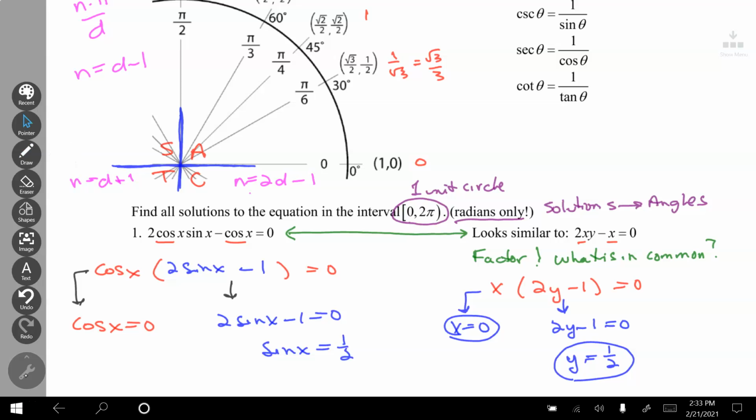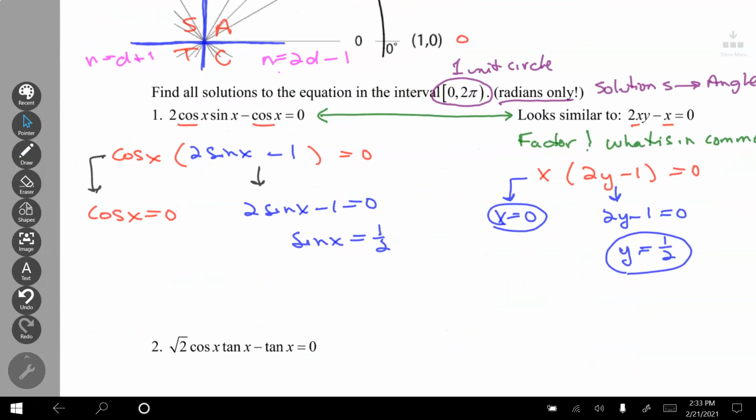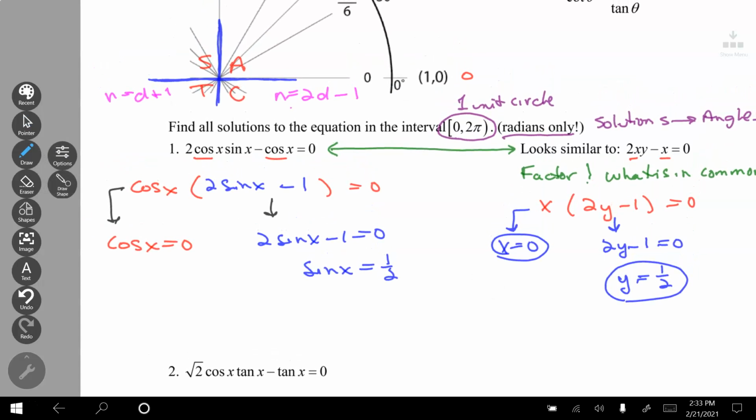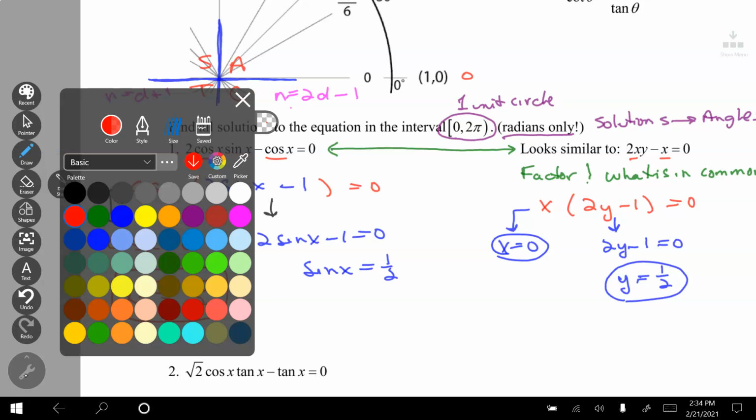So now what am I doing? I'm solving for angles. What angles does this happen on this unit circle? Well, cosine of x is equal to 0. Or what angles do I have to be at? I'm at pi over 2 and 3 pi over 2 as my angles. And when does sine of x equal a half?